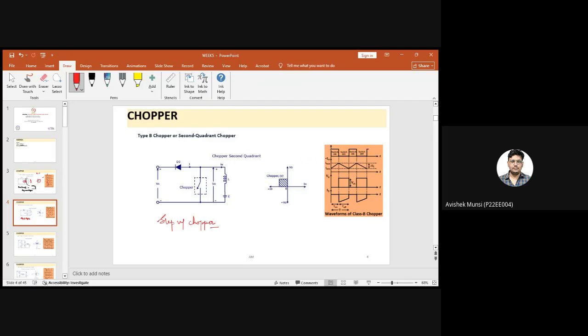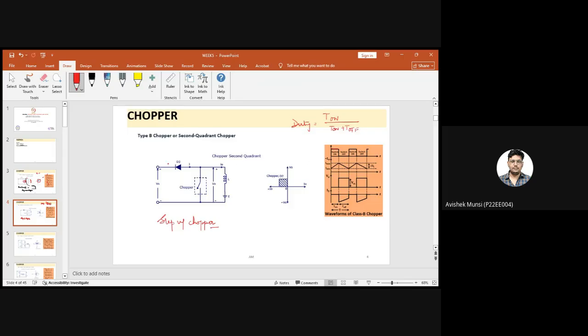If you see from this image, as we discussed in the last class, there will be a turn on and turn off time. During the turn on time, when the switch is off, the current will.